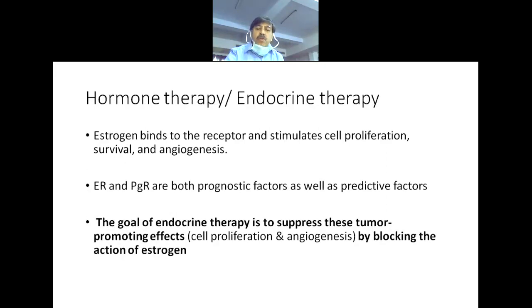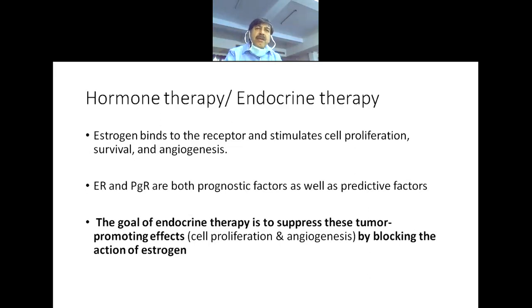Now coming to the hormone therapy. 80% of breast cancers are estrogen receptor or progesterone receptor positive, and they respond to hormone therapy. Estrogen binds to the receptors in the breast cancer, stimulates cell proliferation, and induces angiogenesis.